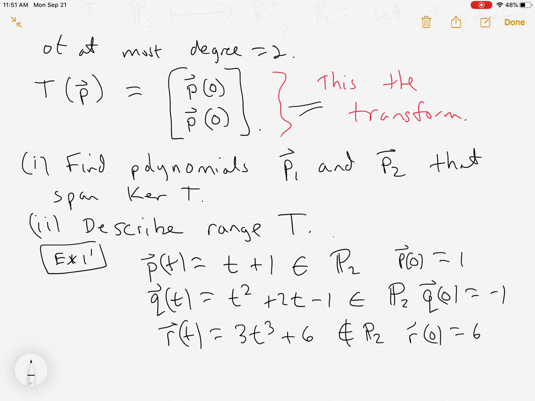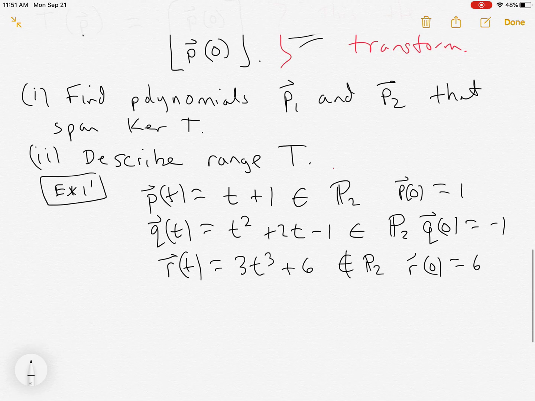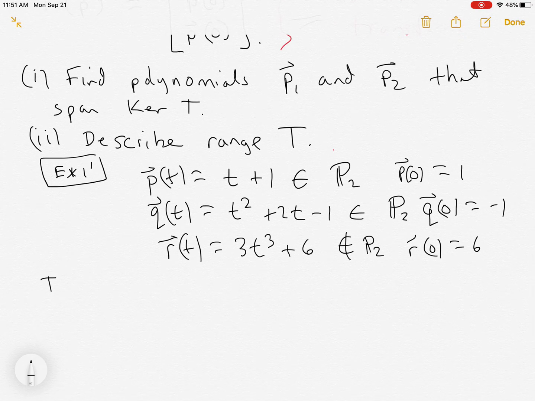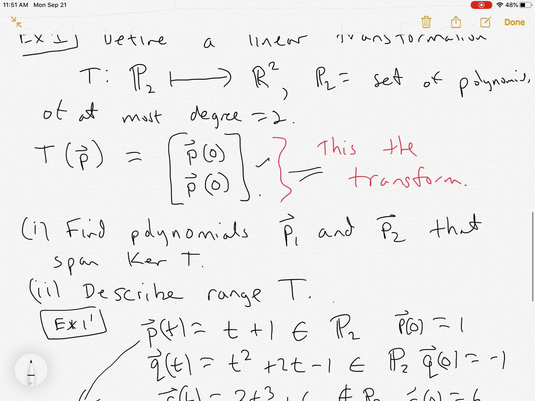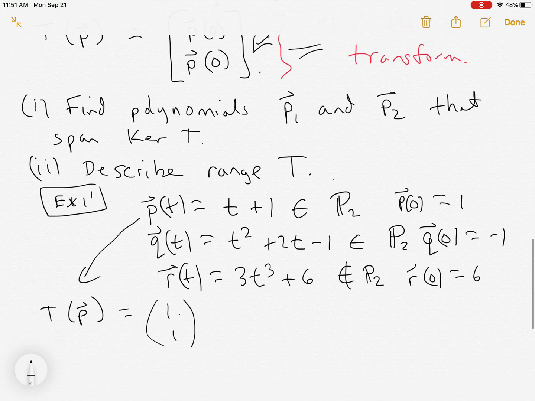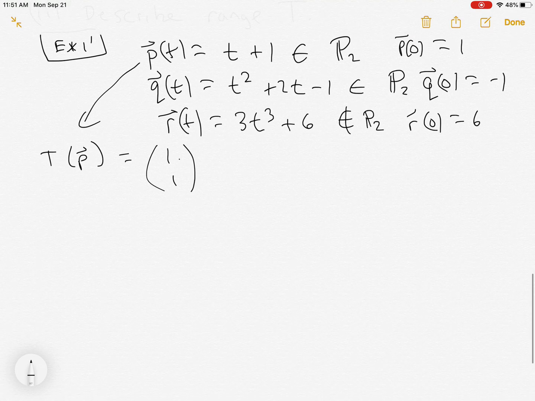So basically what this, well here, let's compute T of P, this P here, the one we're actually going at. I get the vector 1, 1. Right? Because P of 0 is 1, and I have P of 0 and P of 0 as my definition right here. Okay.